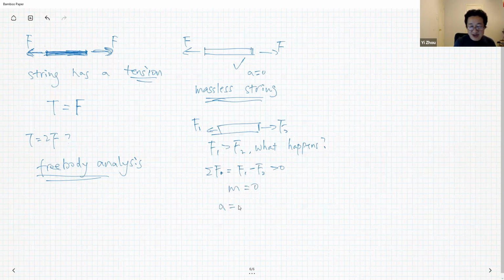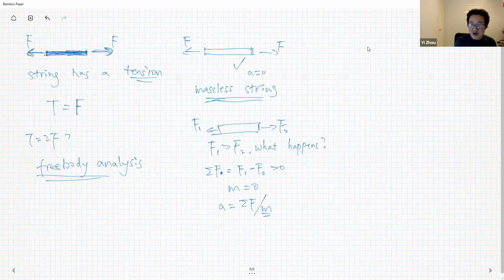What is acceleration in this case? So we are dividing by 0. Sometimes we say divide by 0 has no meaning, right? It actually has meaning. Think about this.